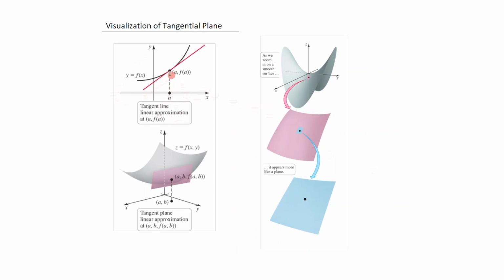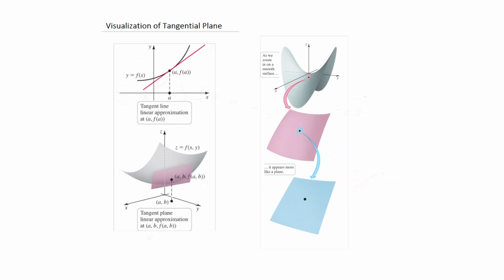And this red line is in fact the tangential line at the point A, f of A. Extending this to two variables, where a tangent plane is tangent to a curved surface, we'd be looking at the position at this point here, which is (A, B, f evaluated at A, B), and the tangential plane will be linear in x and y. It will just touch at this point on the surface. This is, again, more of a diagrammatic view: if we looked at a tiny little section at this point on the surface and investigated what the surface features look like, we can see that it looks curved, but if you make it smaller and smaller, then it approximates a flat surface.